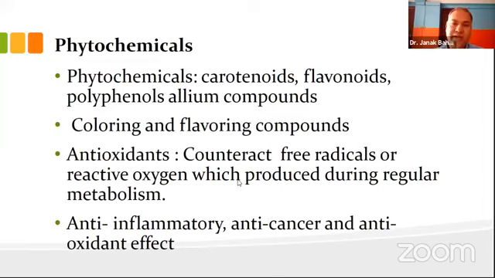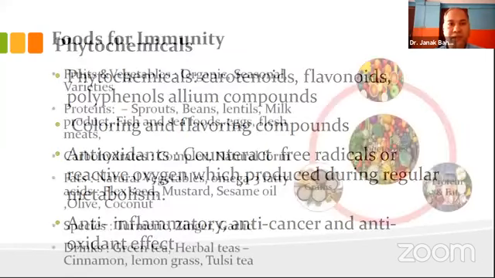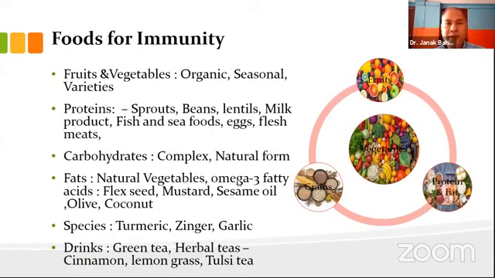They also have anti-cancer and antioxidant effects. So phytochemicals are also important to boost our immunity. Those are the nutrients which play a very specific role in improving our immune functions.